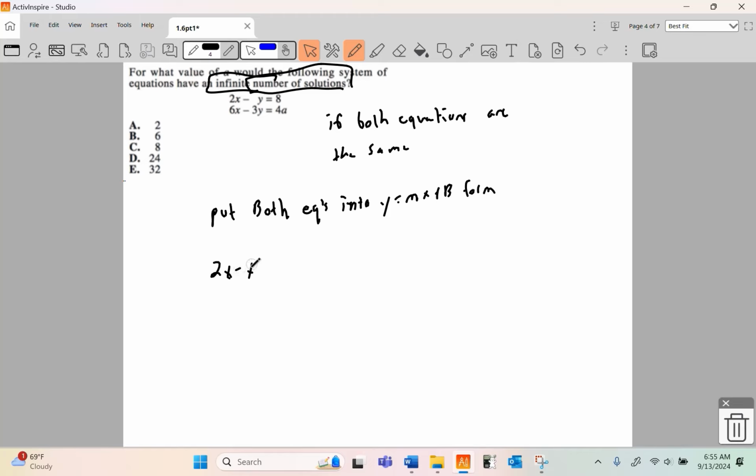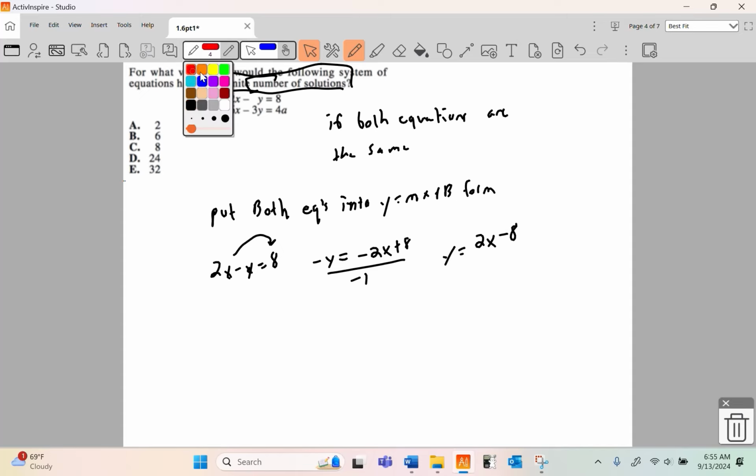We've got 2x minus y equals 8. I'm going to shift this over. Negative y is negative 2x plus 8. And I'm going to divide out that negativity. So y is 2x minus 8. And I'm going to do the same thing with the other one. 6x minus 3y is 4a.